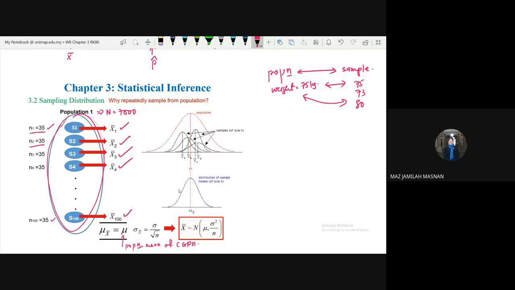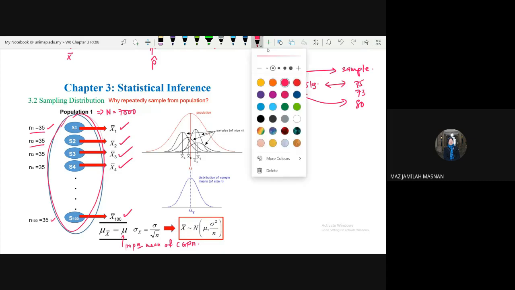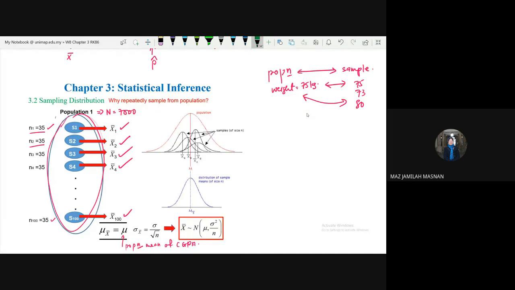So we believe in statistics it works this way. That is why the sampling distribution tells you, or proves in some way, that you only need to sample once. In reality, we are going to do this once only.